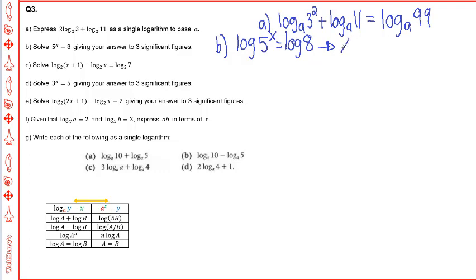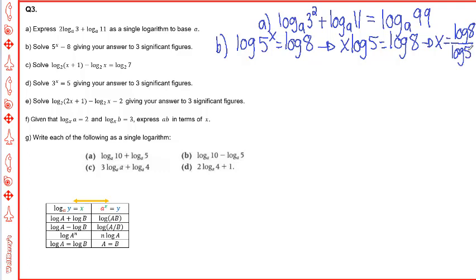Next step becomes x log 5 equals log 8. So then divide both sides by log 5. So what we get is x is equal to log 8 divided by log 5.